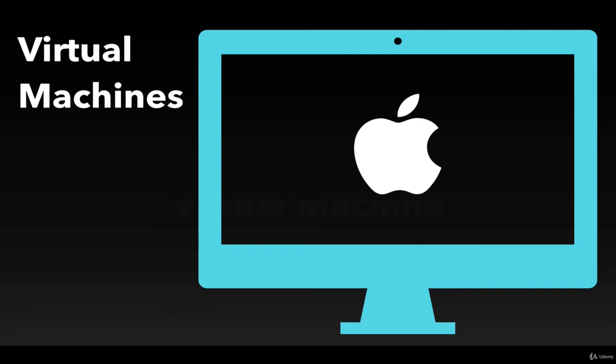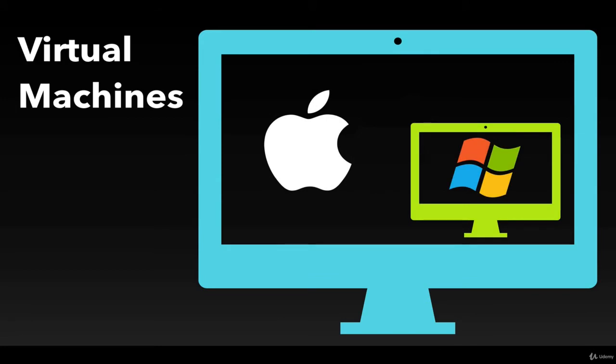You can't just open up a Windows application in Mac OS X, but what you can do is spin up a piece of software that simulates a PC. You'll have a window open up that is a fully booted version of Windows 10 or Windows 7 or XP or whatever your favorite flavor is.